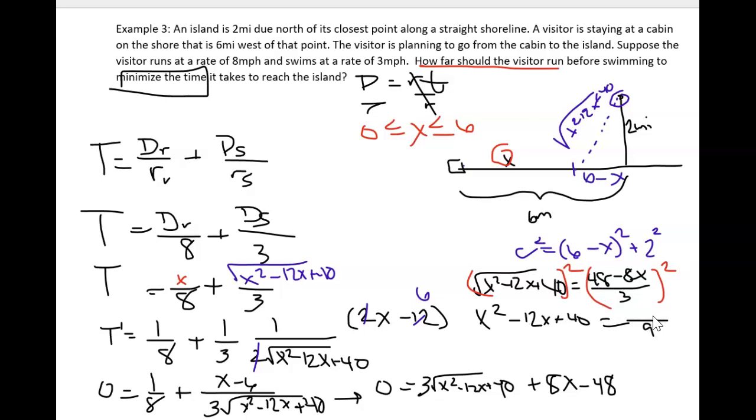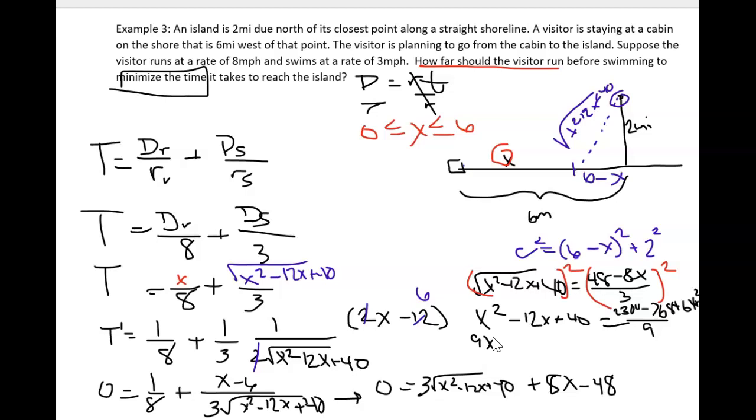So I've got 2,304 minus 768 plus 64x squared. Oh, just running out of room here. Multiply the 9 to the other side.